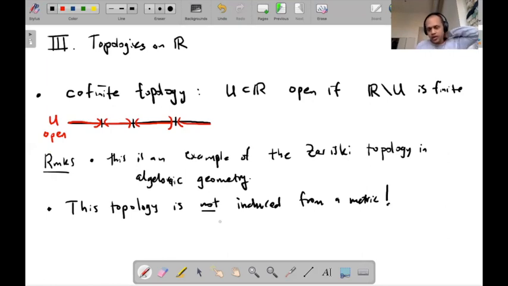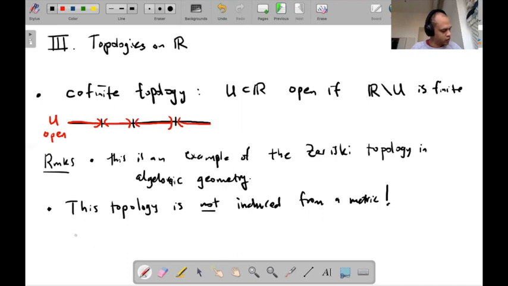There's no metric. A few slides ago, I said if you have a metric space, then you get a topological space, but it's not necessarily true conversely. Not every topological space comes from a metric, and this is an example. So let me explain why this is true.